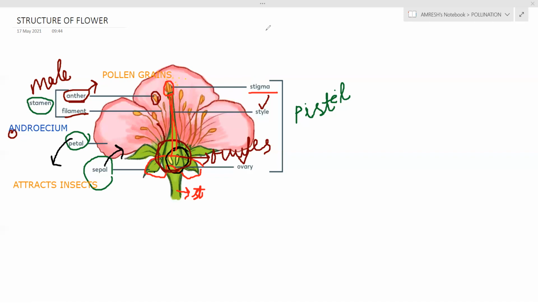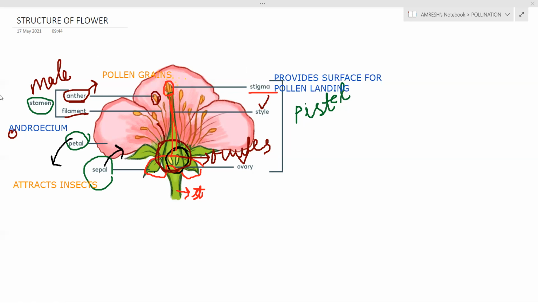The function of stigma is to provide a surface for pollen landing. So location and function of stigma is very important. Location is at the end of style. Function is to provide surface for pollen landing.